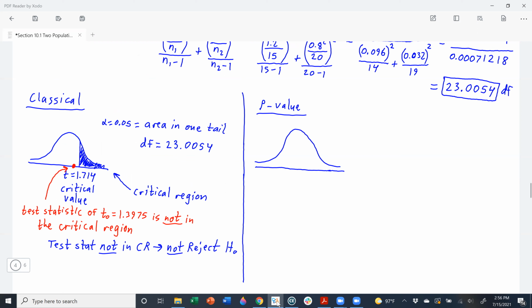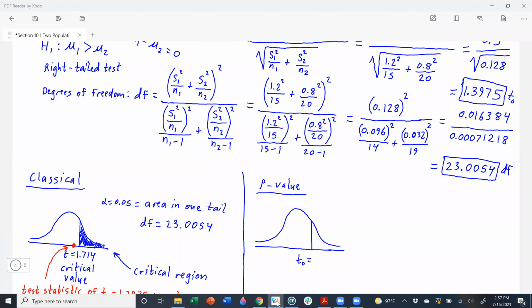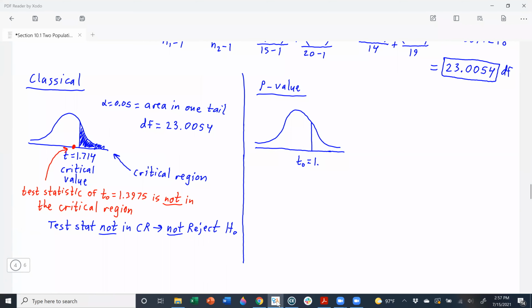Okay, so for the p-value method, it's still going to be this right-tailed test. We use that test statistic right here. Okay, so the test statistic of the 1.3975. Okay, and then this area right here to the right, that is exactly the p-value.